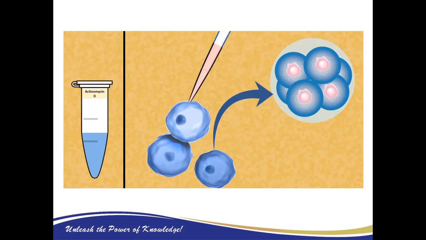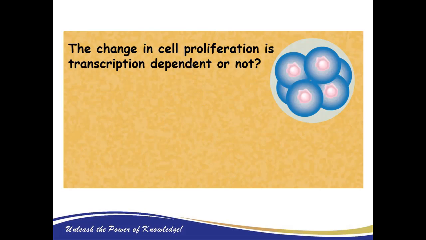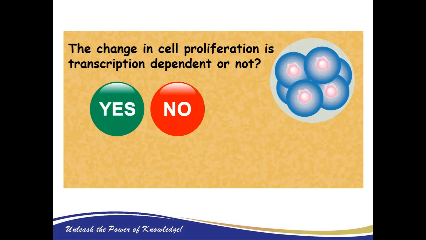So you would think about, okay, transcription could be a reason, translation could be a reason, post-translational modification could play a role in this. But let's say you have a specific question that transcription is important for that. In order to understand that, what you can do is add actinomycin D to block the transcription, and then see if, when you block the transcription, you have an effect or not.